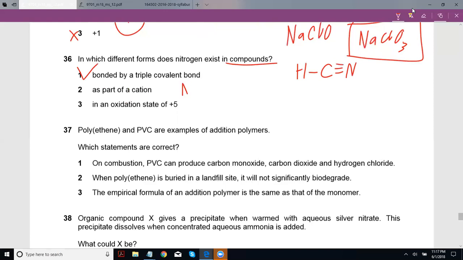And in an oxidation state of +5, HNO3. Okay, nice. So oxygen is -2, which makes it -6, hydrogen is +1, and to balance it, this obviously has to be +5. So this is A.